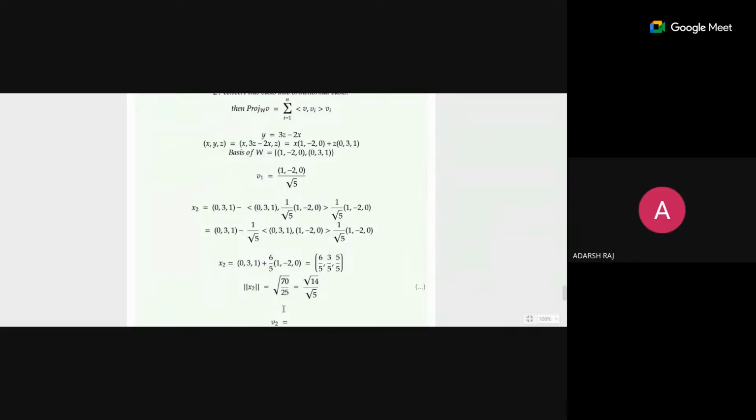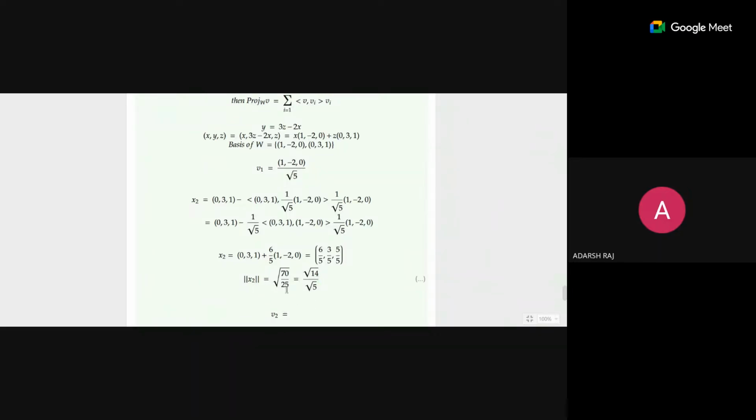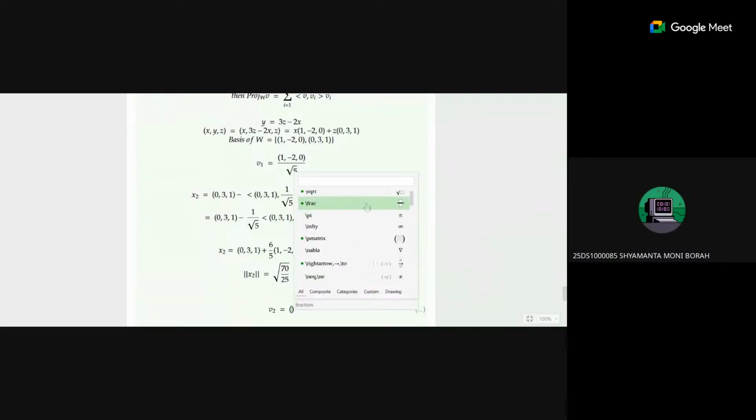Now we have to divide this vector by its norm. What do we get? So u2 will be what? If you divide this vector by this, we get 6, 3, 5 by root 70.